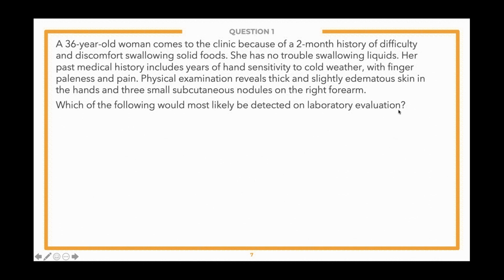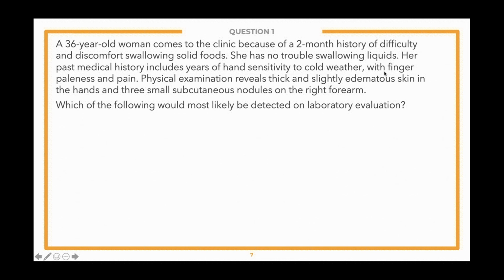Physical examination reveals thick and slightly edematous skin in the hands and 3 small subcutaneous nodules on the right forearm. Which of the following would most likely be detected on laboratory evaluation? I want all of you to start thinking about the important clues in the vignette and lead-in as I hand it off to Paras.